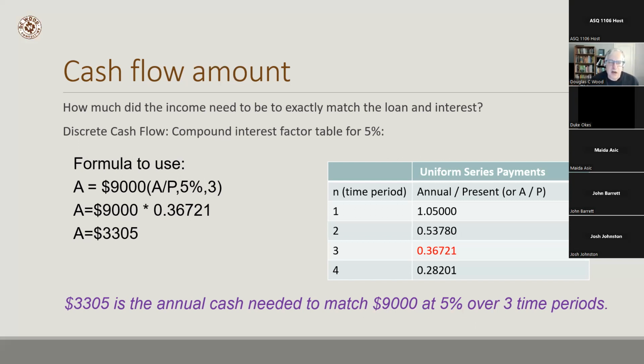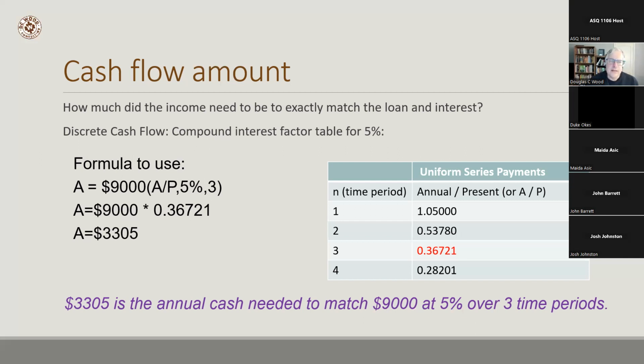One of the columns will be marked as A, and each row in that column is a number of time periods. And so you would look into that table and say, I want to find the annual amount, the A, given that I have $9,000 at present, and I want to see what that equals with 3 years at 5%.